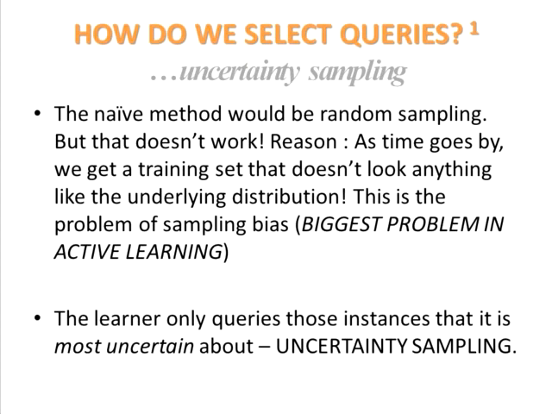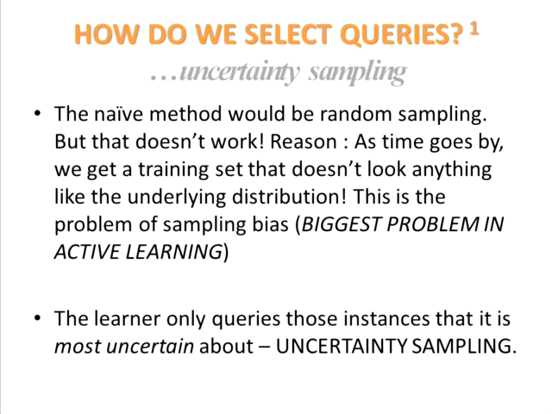That doesn't work because after a while, the training set that you're building up will look nothing like the underlying distribution. This happens because of the sampling bias. In fact, this is one of the biggest problems in active learning that you continuously try to defeat.